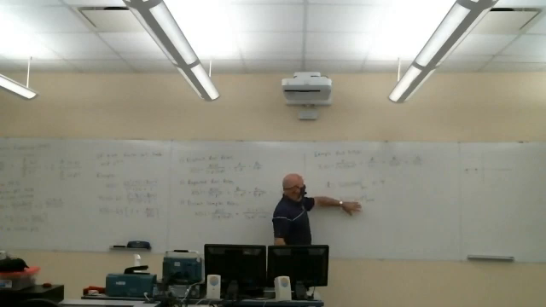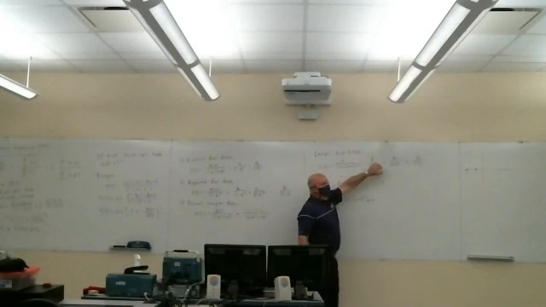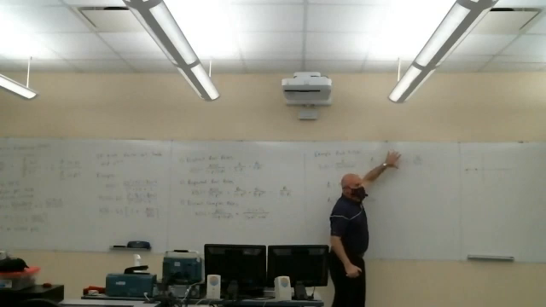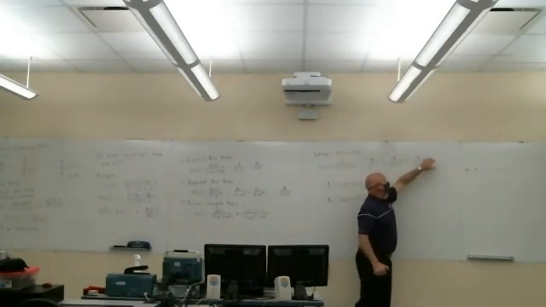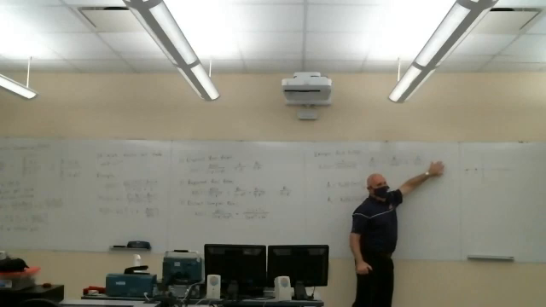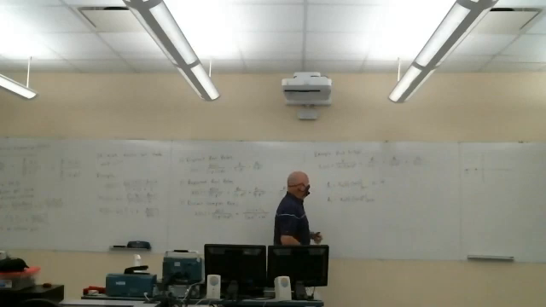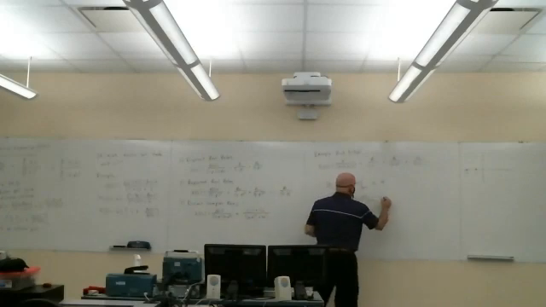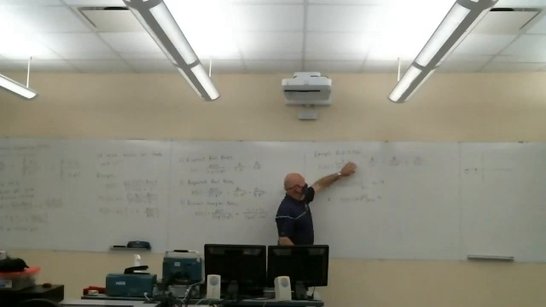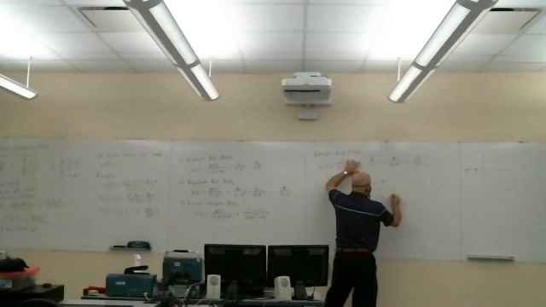Again, when we multiply through by S plus 2 squared, that term goes away. Here we're going to let S equal minus 2. This term would be 0. Here we're left with A2. Here we would still be left with an S plus 2 because I'm multiplying through by S plus 2 squared, but then this term would go away when I let S equal minus 2. So I can get this one easily: cover up that term, let S equal minus 2. I will then have 4 divided by minus 1. So that's a minus 4.